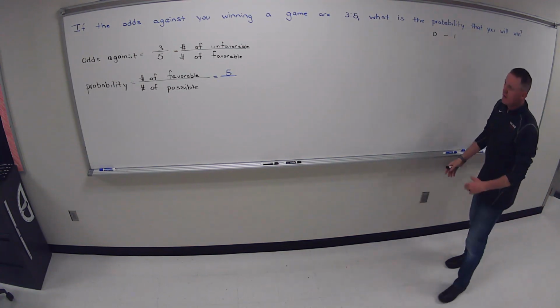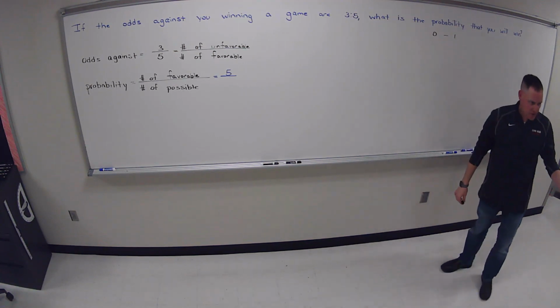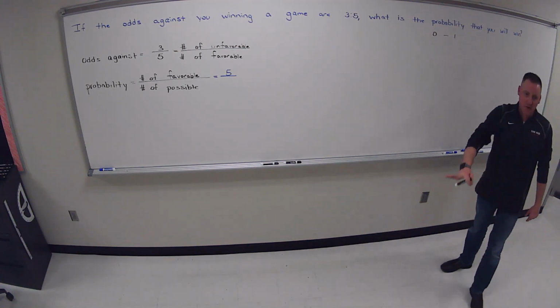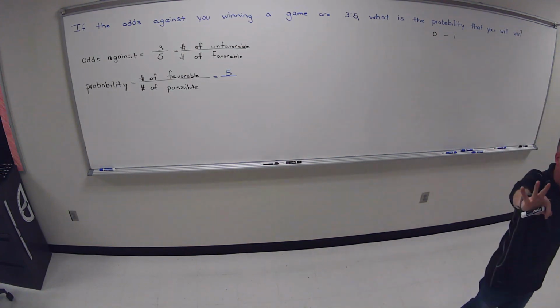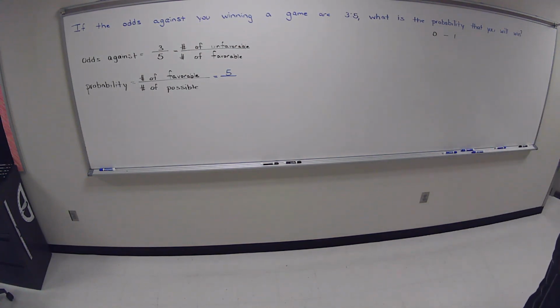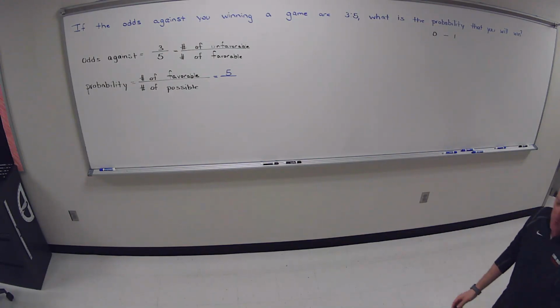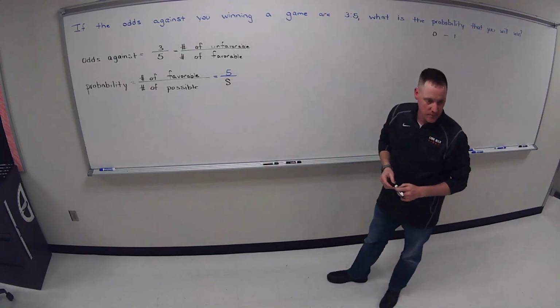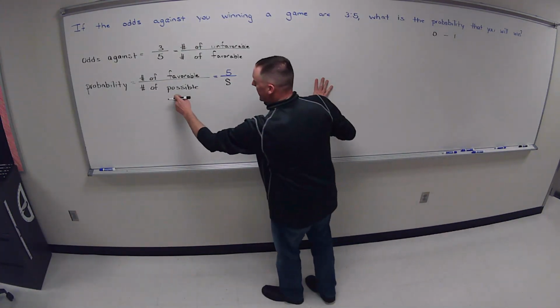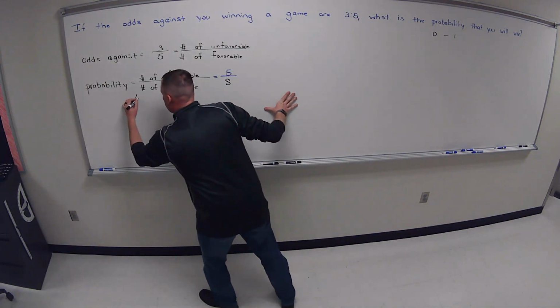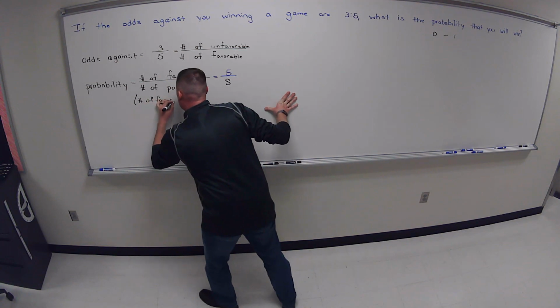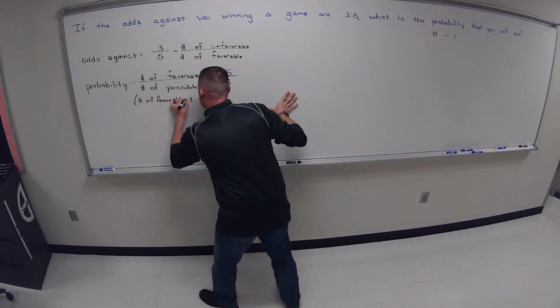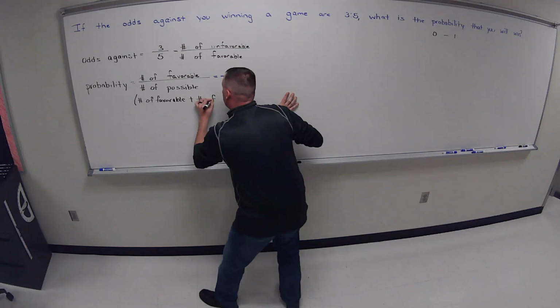So how do we find the number possible? Well, think about it like this. If you lose the game 3 times, but you win the game 5 times, how many total times did you play the game? 8 times. There's your total. This is going to be 5 over 8. Your number of possible outcomes is the number of favorable plus the number of unfavorable.